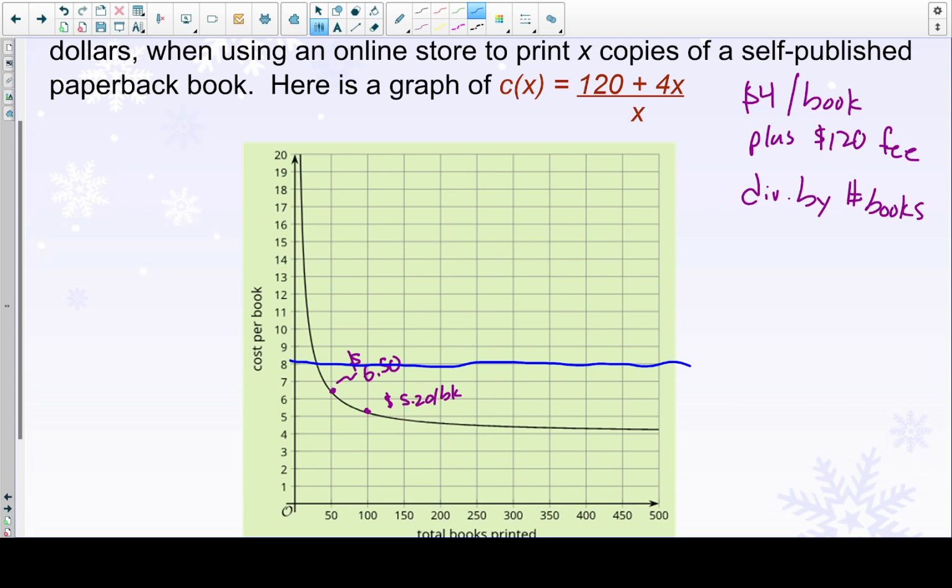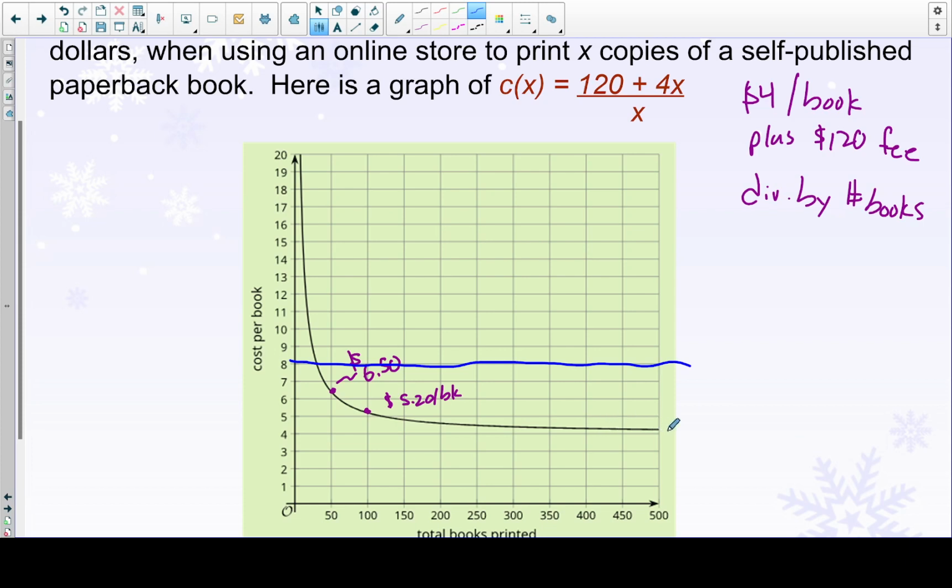So let's do 4 million plus 120. So it's 4,120,000, and we're going to divide by 1 million. And the answer you're going to get is 4.00012.